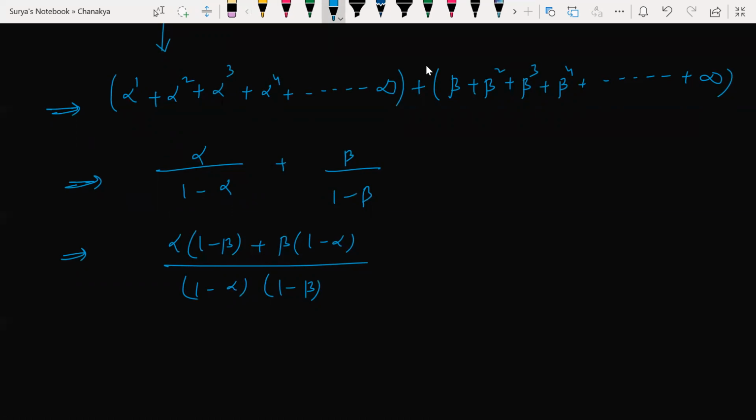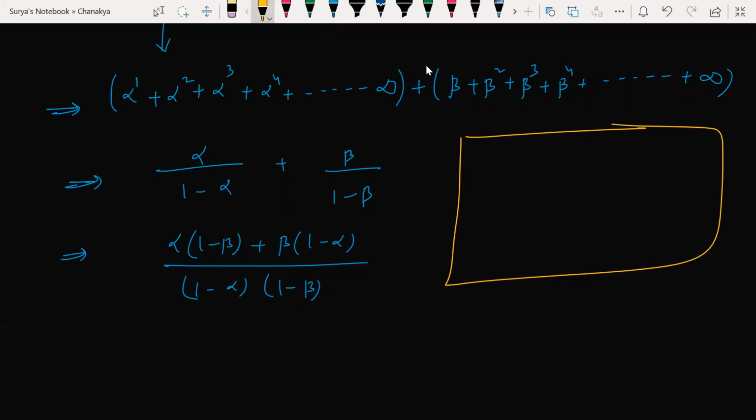Guys, the sum of infinite terms formula, let me write it here if you don't remember. Note.